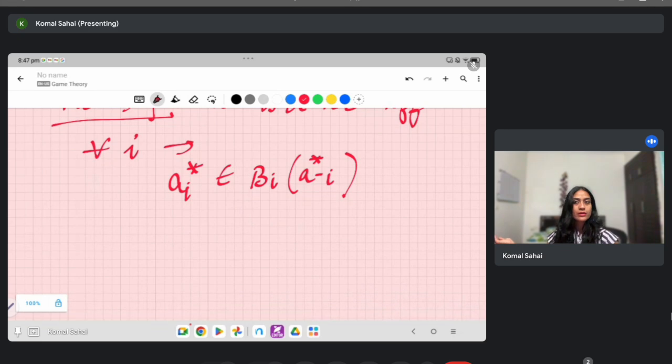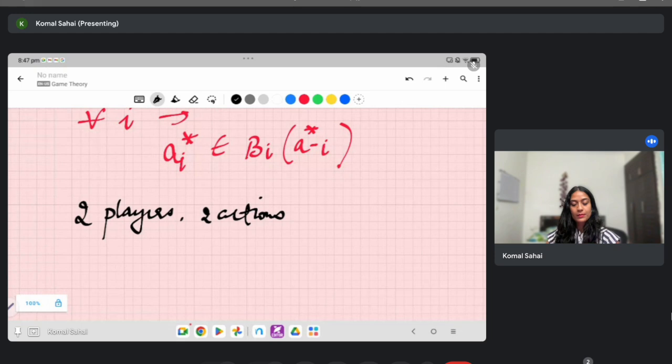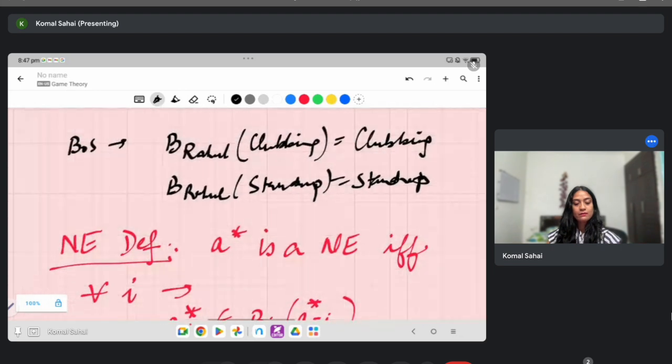If it is not, then it will not be part of an equilibrium. मतलब player I will deviate. Okay? So just to simplify, in the specific case when there are two players and two actions, हम इसको लिख सकते हैं कि सपोज बेस्ट रिस्पॉन्स सेट में इस केस में हमारे पास सिर्फ एक ही एक्शन था which was part of the best response set.